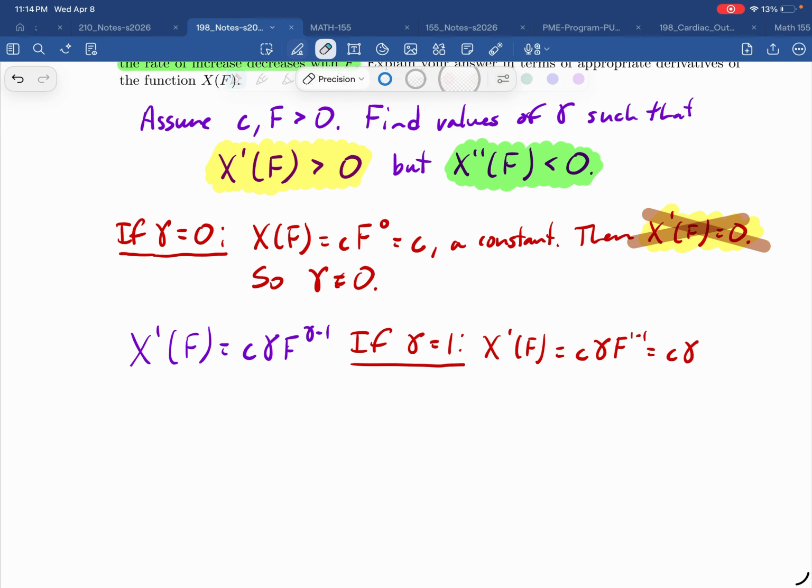Actually, if gamma equals 1, it would really just be C, a constant. And that looks like it could be okay, right? Except, just to point out, C is greater than 0, which is what we're looking for.